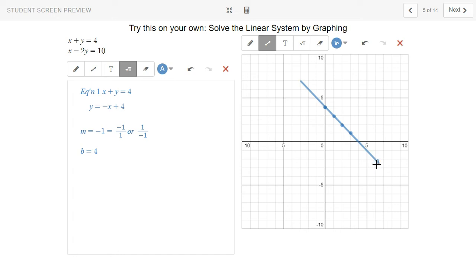Okay. Our first equation, y is equal to negative x plus 4.